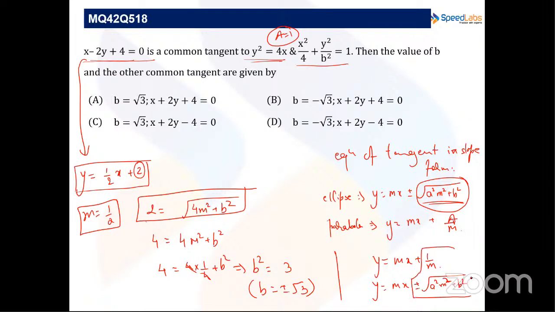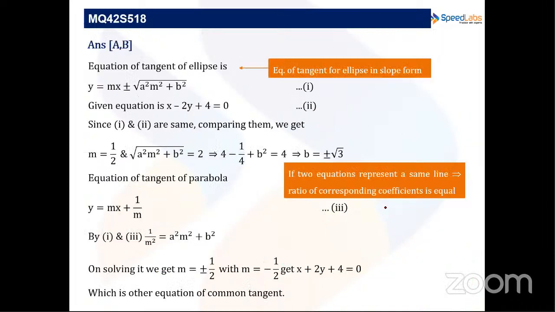These two quantities should be the same. So on squaring, 1 upon m square will be equal to a square m square plus b square. So 1 upon m square will be equal to 4 into 1 by 4 plus b square, and b square we had as 3. So 1 upon m square will be 4.